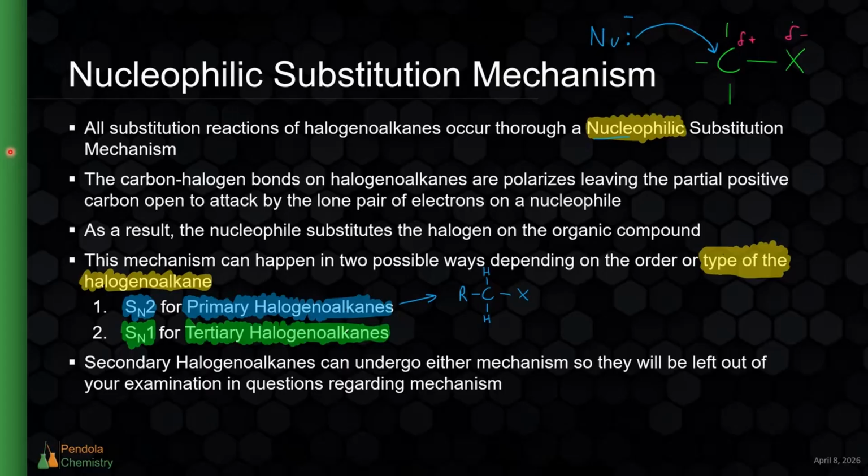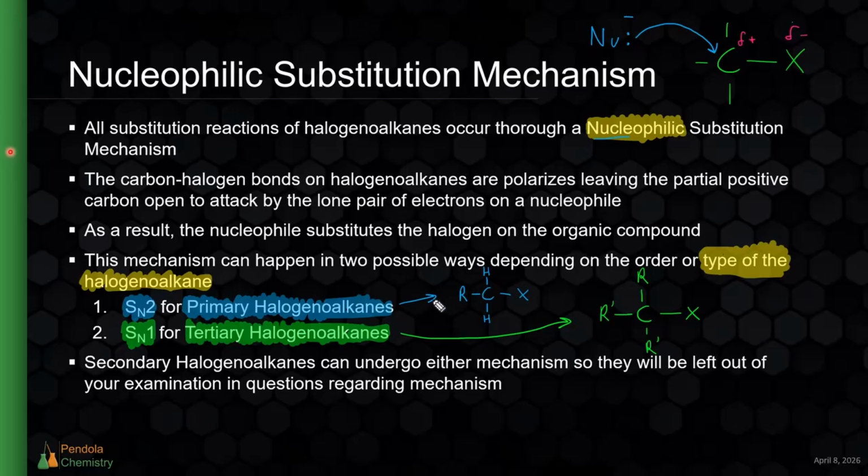We still get the substitution of the halogen for whatever the nucleophile is. But what changes is the way in which this happens. Just to remember, tertiary halogenoalkanes are going to be ones where the carbon that the halogen is bonded to is bonded to 3 different carbon chains, 3 different what we call alkyl groups sometimes.